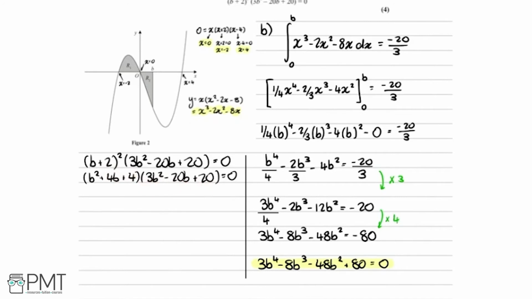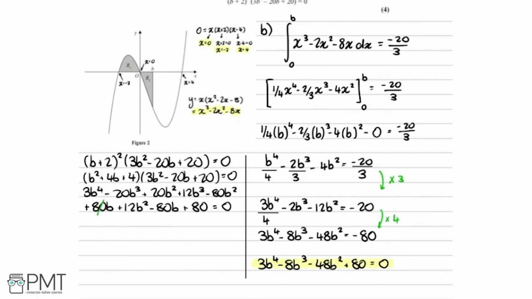So doing that, starting off with the b squared, we'll get 3b to the power 4 minus 20b to the power 3 plus 20b squared. And moving on to the 4b now, we'll get 12b to the power 3 minus 80b squared plus 80b. And lastly, we'll get 12b squared minus 80b plus 80 equals 0.